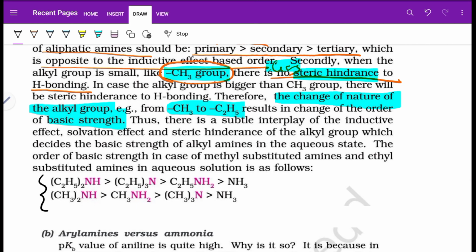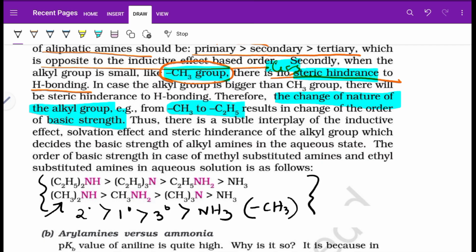But the case is different for ethyl and methyl. So here we are seeing that for a smaller alkyl group, it is 2-degree greater than 1-degree greater than 3-degree than NH3, if we consider it to be methyl, of course, in aqueous phase, where we are comparing the basicity.